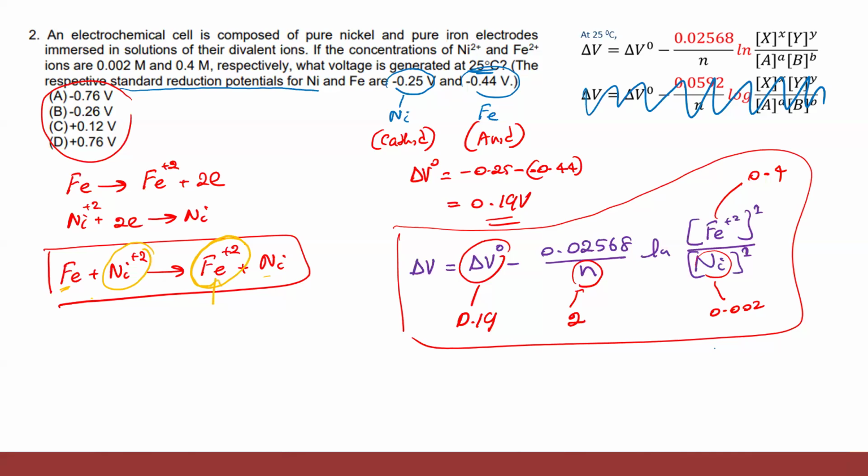Does that make sense? So this is 100% solid, but the iron ions are in the solution. So we are talking about the concentration of the solution. So you only consider these ions, not the metal, not the solid.